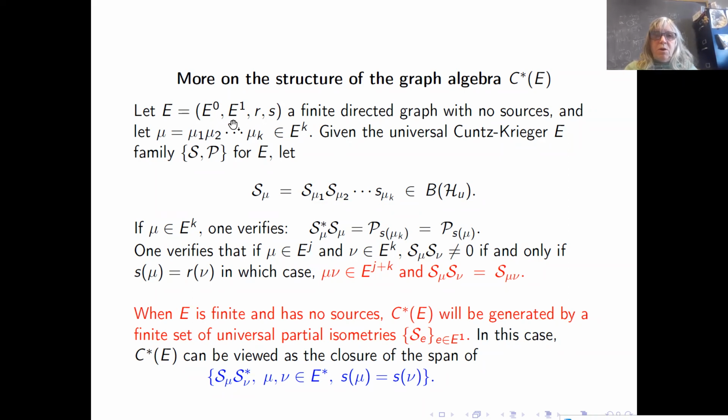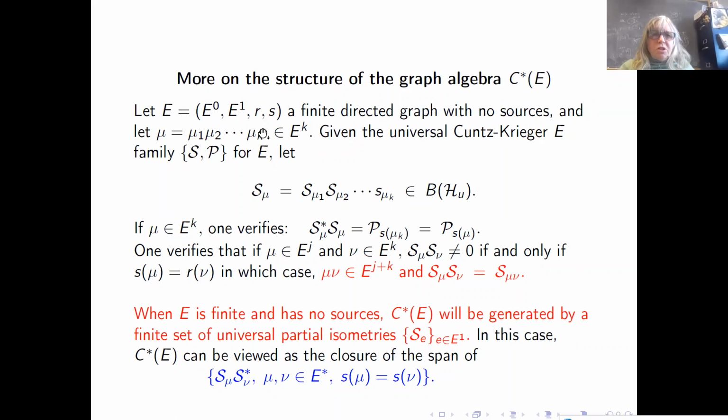Well, if you're in the setup where you have your finite directed graph without sources, and you let mu be a path of length k, then you can define a partial isometry from the universal partial isometries, S_mu, corresponding to that path mu, by just concatenating S_mu1 with S_mu2, etc. This should be a capital S, the script S. And if mu is a path of length k, you can verify that S_mu star S_mu is the projection corresponding to the source of mu_k, and we generalize and call the source of mu the source of its final element here.